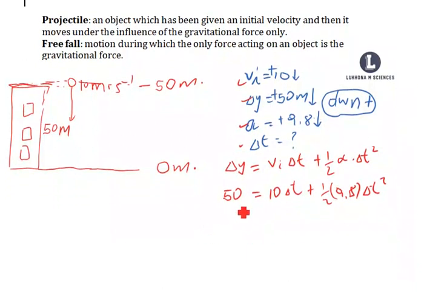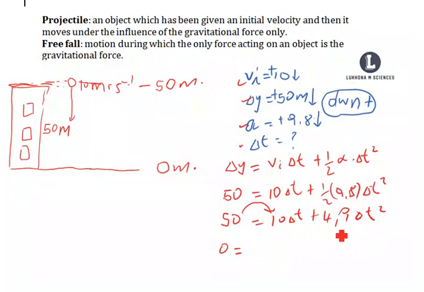Now we press the calculator. So this one is still 50, then we have 10t, then here we get 4,9 delta t squared. Then we transpose this one and arrange it to standard form.